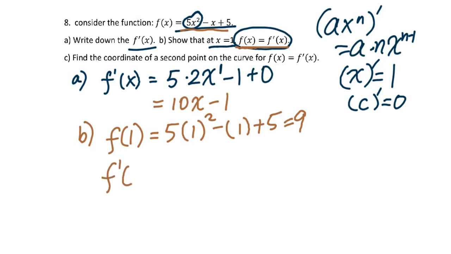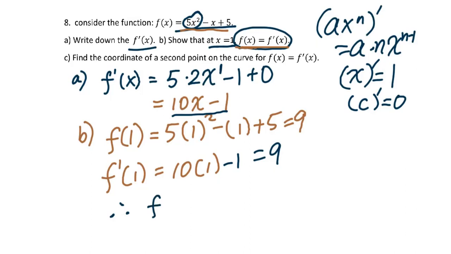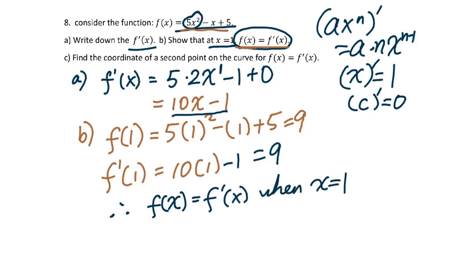Then f prime of 1 equals 10 times 1 minus 1, substituting into the derivative function, equals 9. Therefore f of x equals f prime of x at x equals 1.